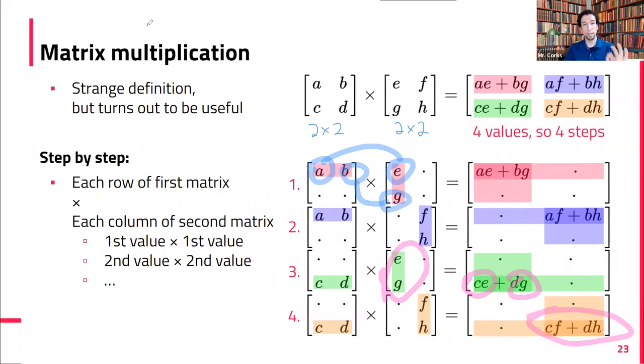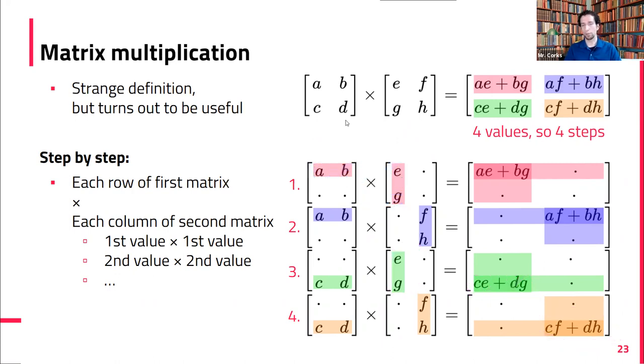So it's a lot of individual calculations that all get combined and end up as a somewhat small result. We had lots of work to do to get this, but the result is just this 2 by 2 matrix with 4 values. Okay, so again, I know this might look a little weird.